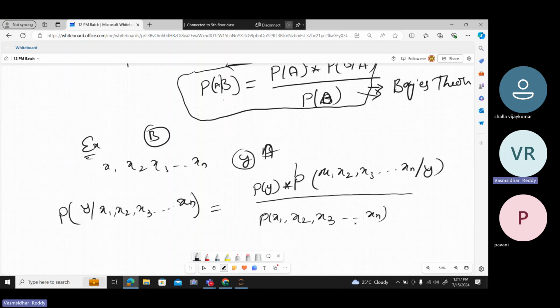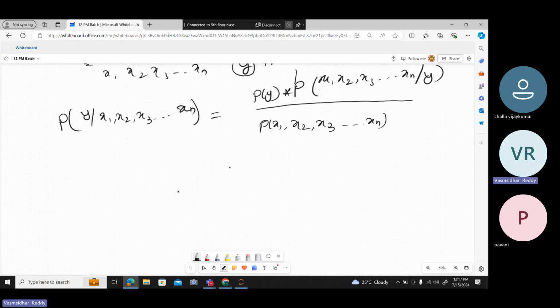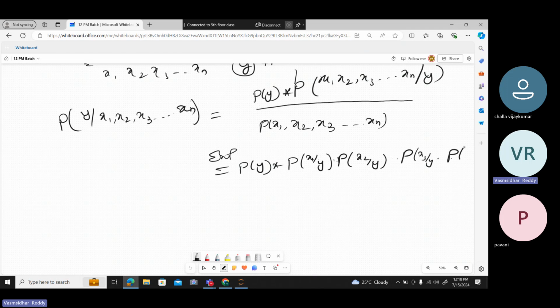Okay, clear? Let me expand this formula. P of y into P of x1 given y, next P of x2 given y, next P of x3 given y, and so on up to P of xn given y.